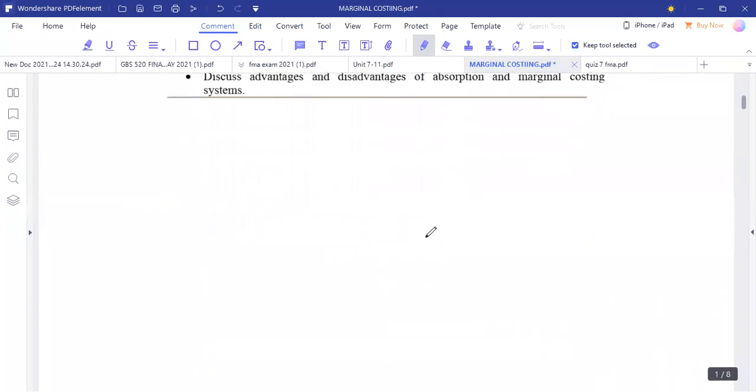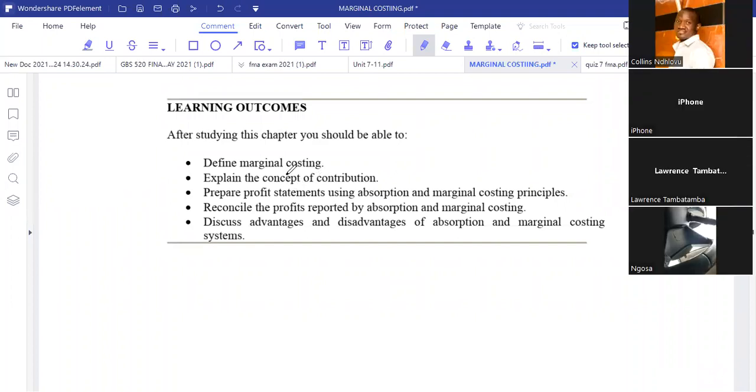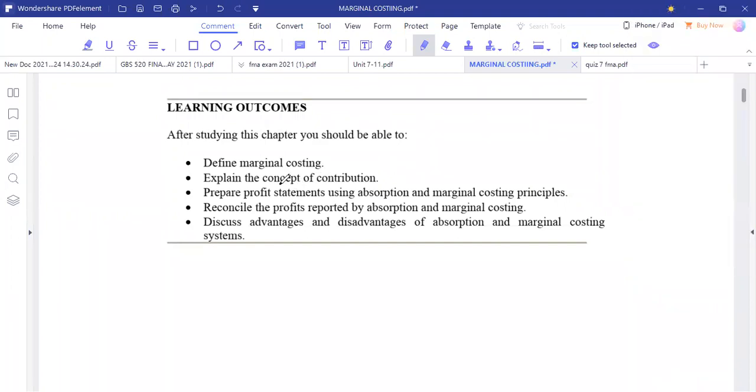Now, the definition of marginal costing: this is a costing that deals with the variable cost only of a product to find the contribution. That's why we have the concept of contribution. There is no gross profit in marginal costing. There is only the concept of contribution, which is the difference between the selling price per unit and the variable cost per unit.